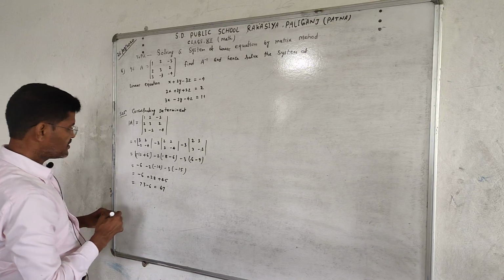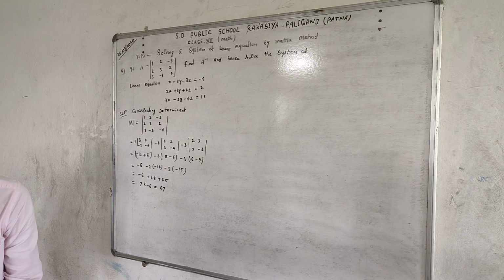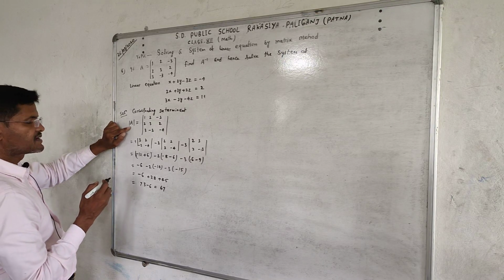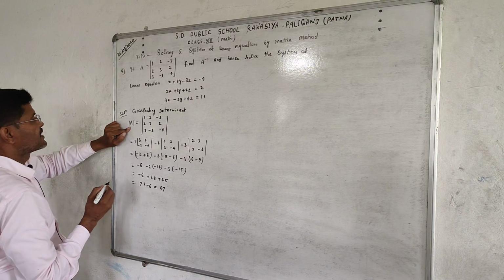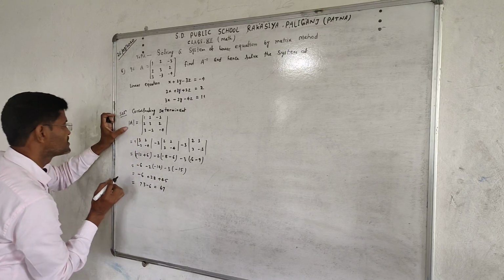Means the value of this determinant is 67. Hence, the matrix A is invertible. Now we can find the inverse of this matrix.